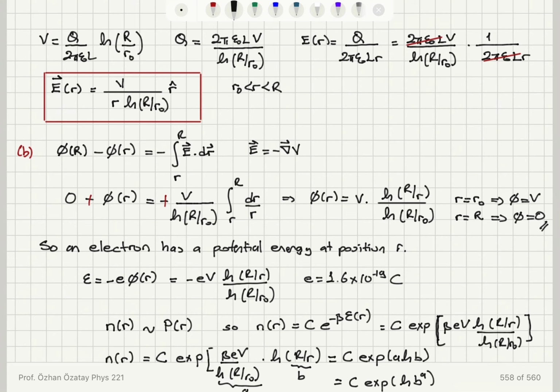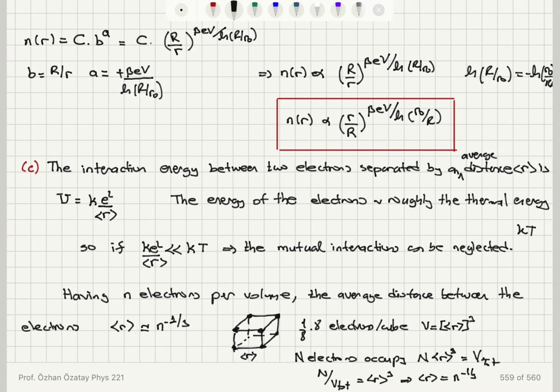And the number density of electrons at position r will be proportional to the canonical distribution, the probability of having the energy at position r. So basically the distribution of electrons over different energies is reflected in the radial distribution of electrons. I substitute the potential energy for the energy of the electron, and by doing some math I find that the radial dependence of the electron density is r over capital R to some power.